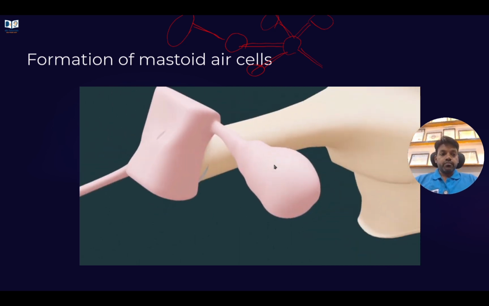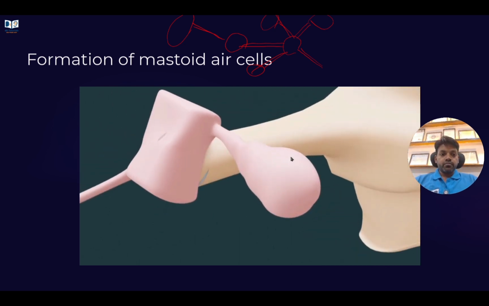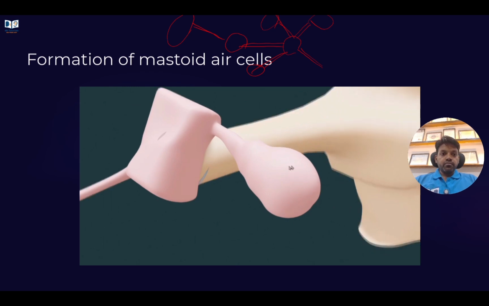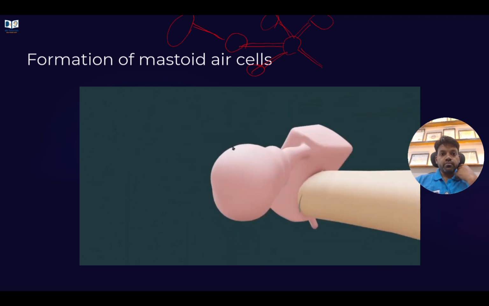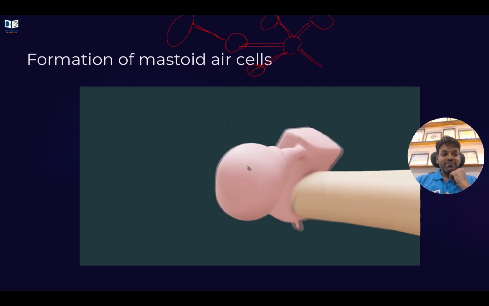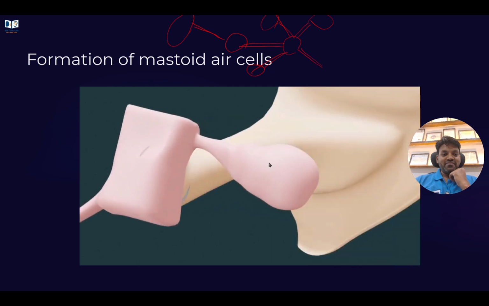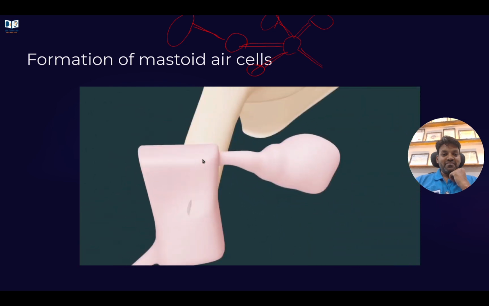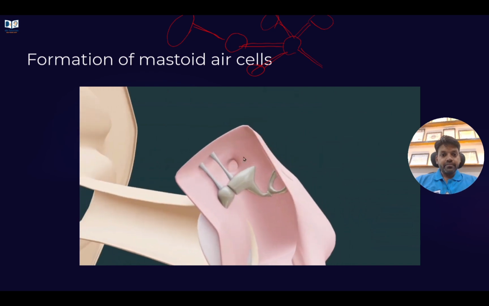Basically, the mastoid air cells are an interconnected network of cavities within the mastoid bone. These are called mastoid air cells, and they are internally lined by this extension of the tympanic cavity.